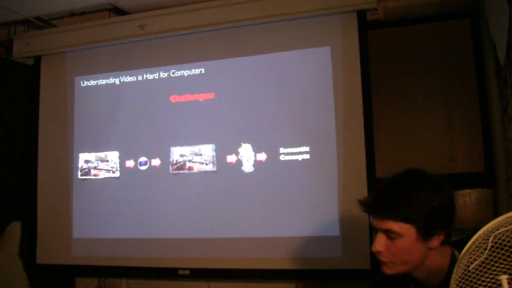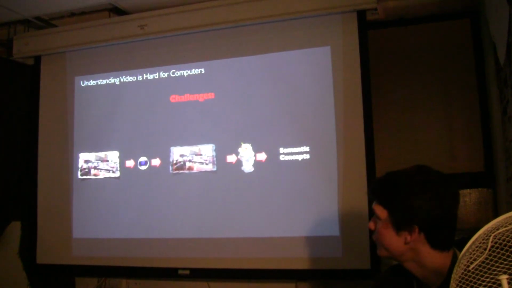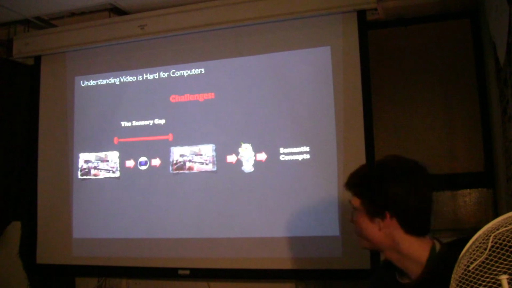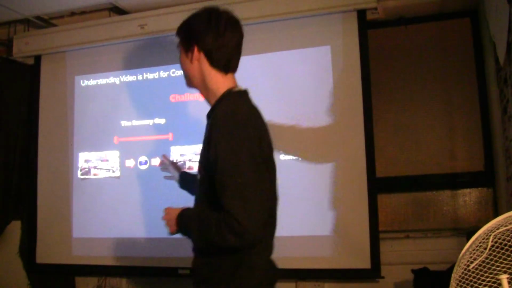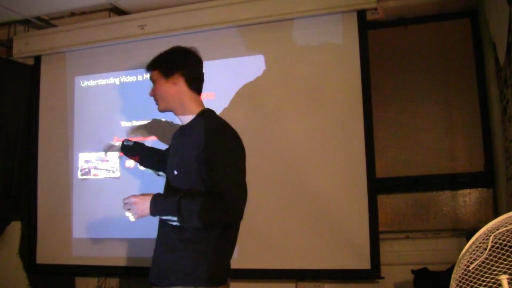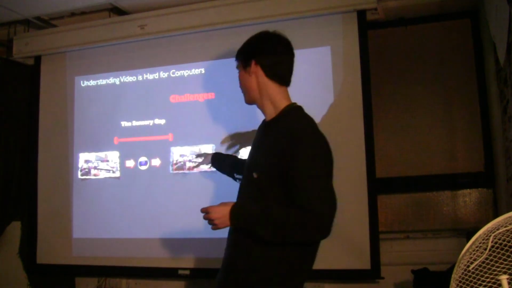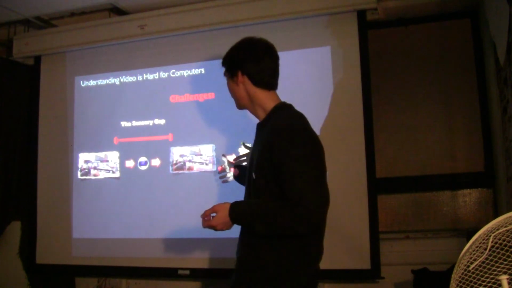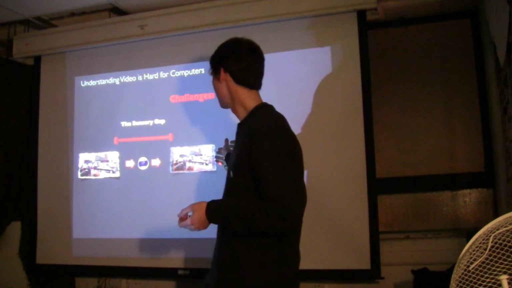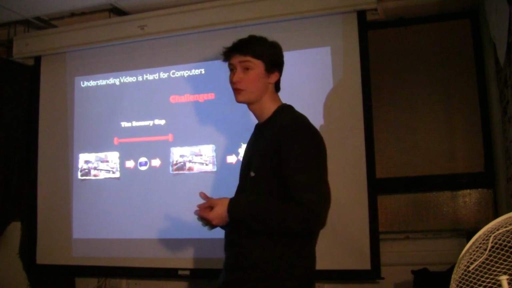So there's a couple of reasons why this is currently difficult. First of all, there's a gap between what is out there in the real world and what is present in the data that we get, in this representation of the world, and that's called the sensory gap.